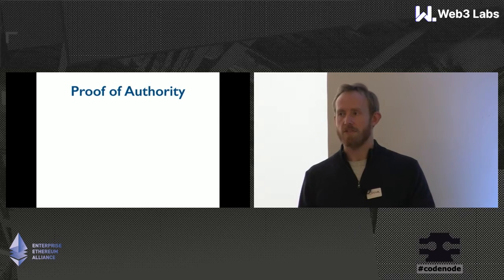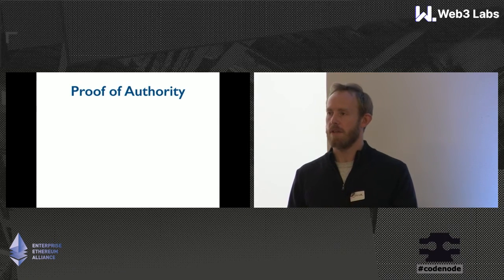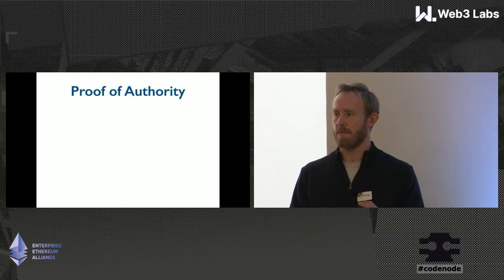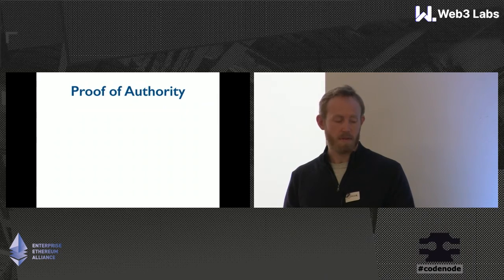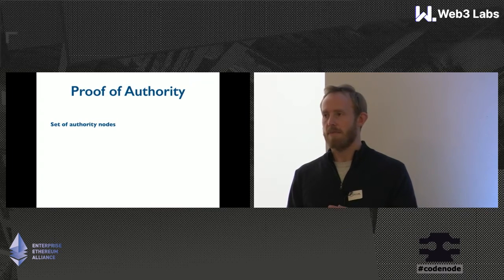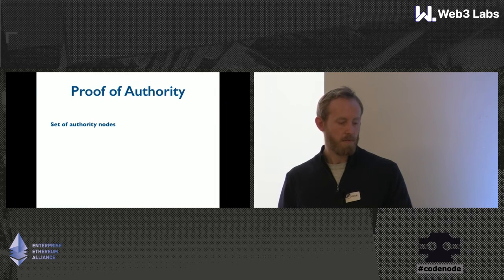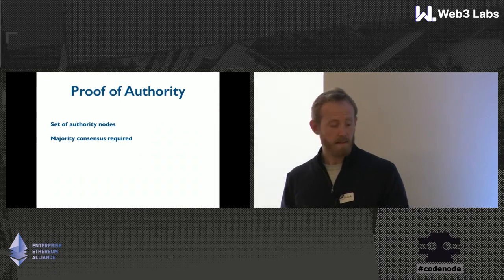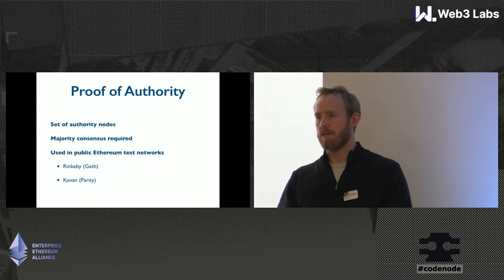But in terms of the actual consensus algorithm, you've got one which is called proof of authority, which isn't specific to Quorum. It's something that came out of Parity and Geth, the public Ethereum technologies, but it was created with a view for private Ethereum networks. The idea here is that it uses majority consensus, and you have a set of nodes in the network that can create blocks.